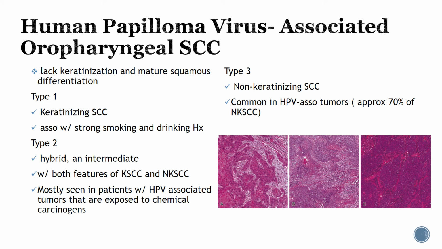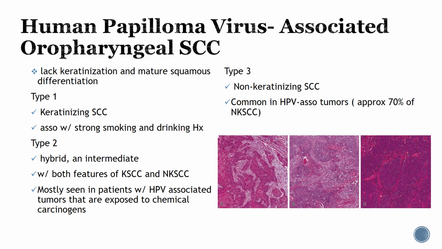So from figure left to right, type 1 is the keratinizing squamous cell carcinoma with irregular nests of tumor cells in a reactive desmoplastic stroma and abundant eosinophilic cytoplasm. Type 2, in the middle, is a non-keratinizing squamous cell carcinoma with maturation, with features of both keratinizing and non-keratinizing squamous cell carcinoma.